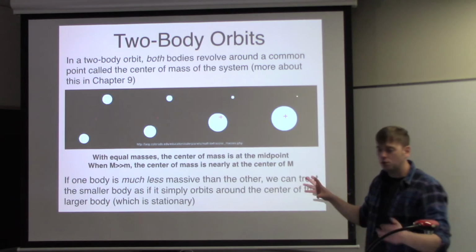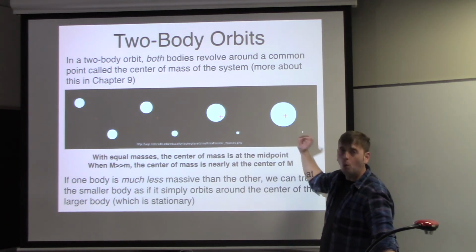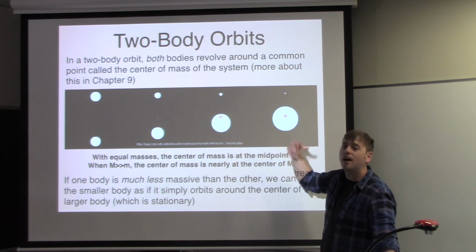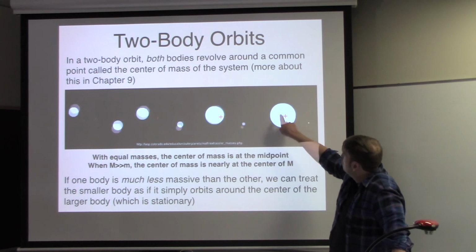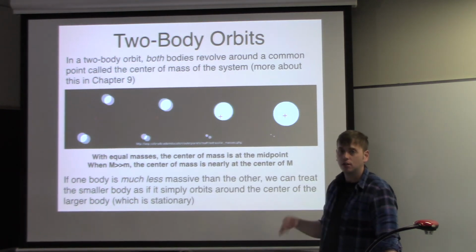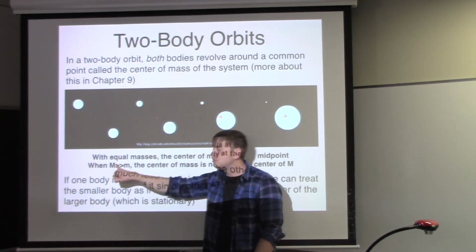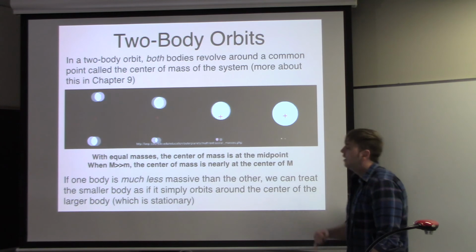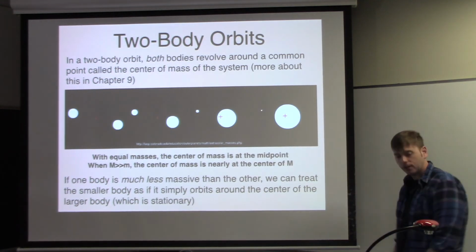Okay? So this is the situation we're going to be dealing with from here on out, where one object is totally dominant in terms of its mass. In other words, let's call this one big M, and let's call the smaller mass lowercase m. So we're dealing with a situation where big M is much, much bigger than little m, and the center of mass is almost right in the middle of big M. Okay?